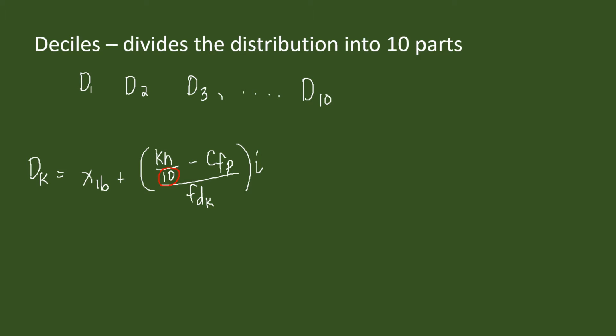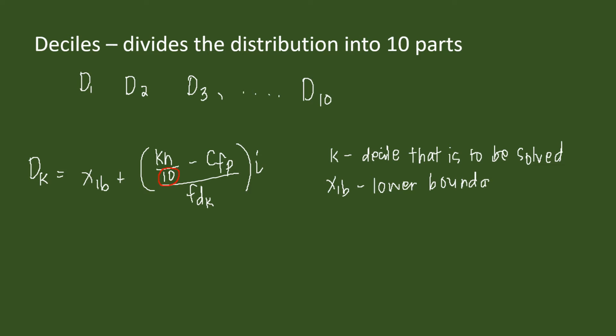Let us review the meaning of the different elements of our formula. K is the decile that you are solving. XLB is the lower boundary of the decile class. Kn over 10 is the locator of the decile class.